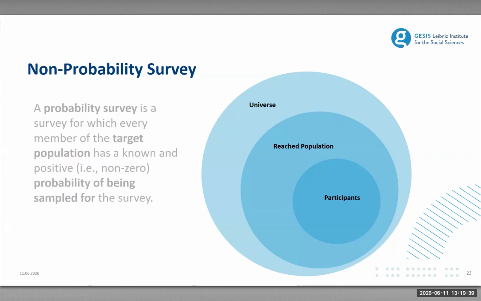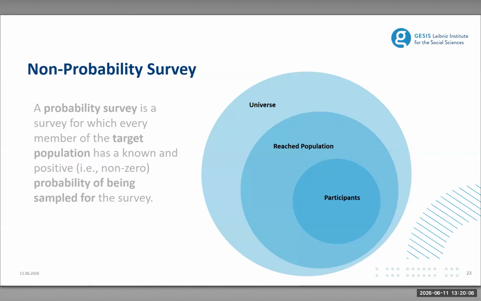So we have some group we call the reached population. These are all the individuals who saw the advertisement for the survey, but we don't know who these people are. So for the access panel, we might get the information who was really invited, but on a higher level, we don't know who's part of this access panel. We don't know who saw this invitation, but did choose not to participate.